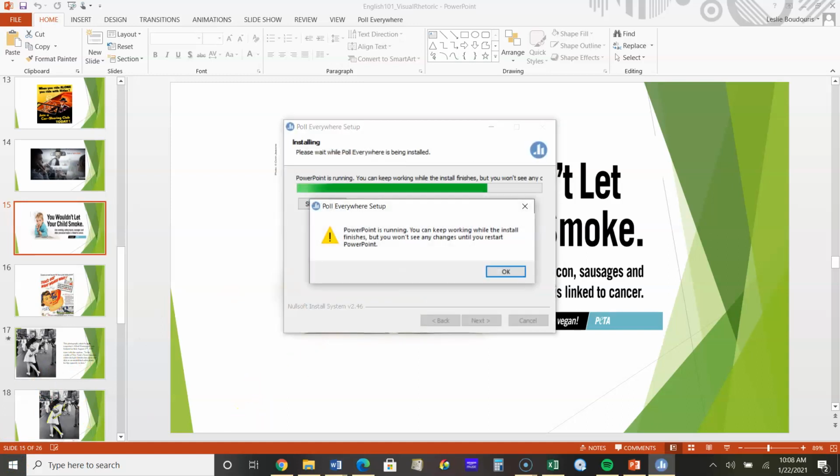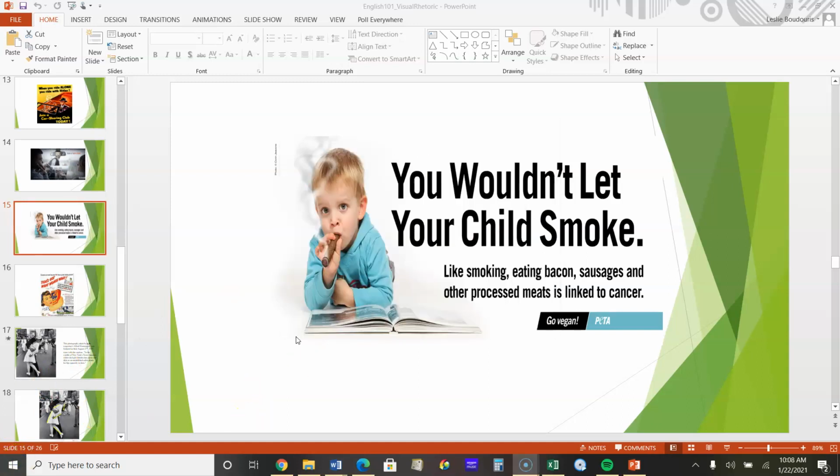Why do you have the child in the light blue sweatshirt, which is tied to the background of the PETA. There's really not a lot of color going on beyond that, but they're trying to connect that through the color. And whenever I talk to students in the classroom, a lot of them say that it's ineffective because they're trying to persuade a meat eater to give up eating meat.